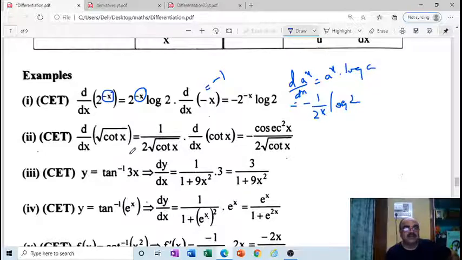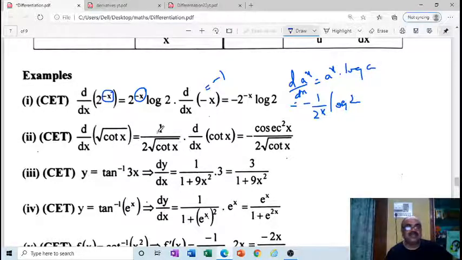Second one, differentiation of root cot x. This is chain rule. You need to differentiate first the square root value, root x like that. Then differentiation of cot needs to be done.